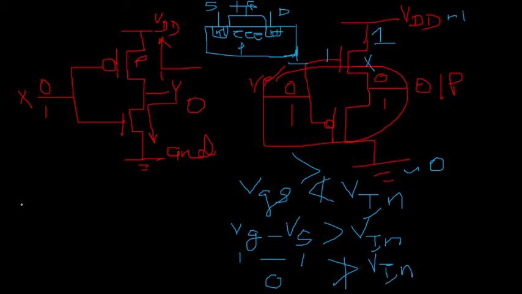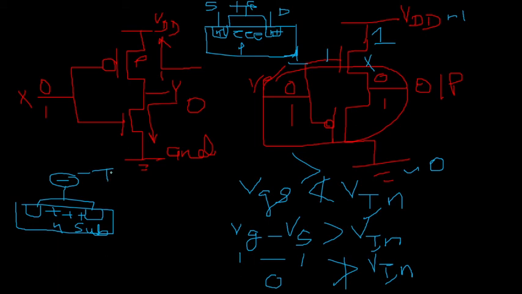Now let us come to the PMOS. For PMOS also, what is the threshold voltage? The threshold voltage should be negative. Why? Because for fabricating PMOS, the substrate should be N type, and these will be your source and drain diffusion areas, and here you should have holes in the channel. So for attracting holes in the channel, a negative voltage should be applied. That means the threshold voltage should be negative for the PMOS. So suppose we are connecting PMOS at the bottom and PMOS turns on at 0.